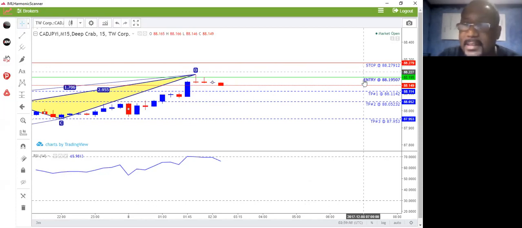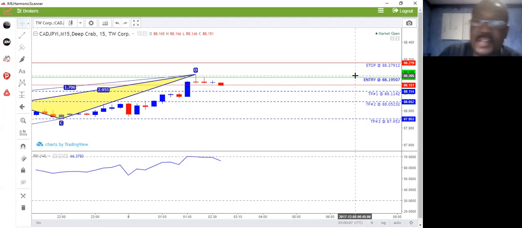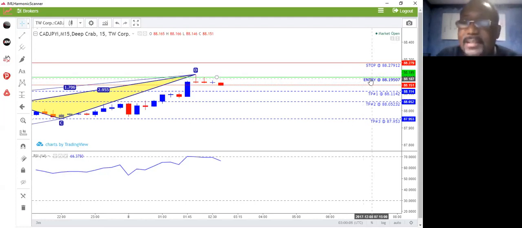The next place is called the entry price. This is where the harmonic scanner identifies the zone area that could be optimal for entering into a potential trade. Now, the thing I definitely want to express to you, which I've had to learn, is that this is an approximation.